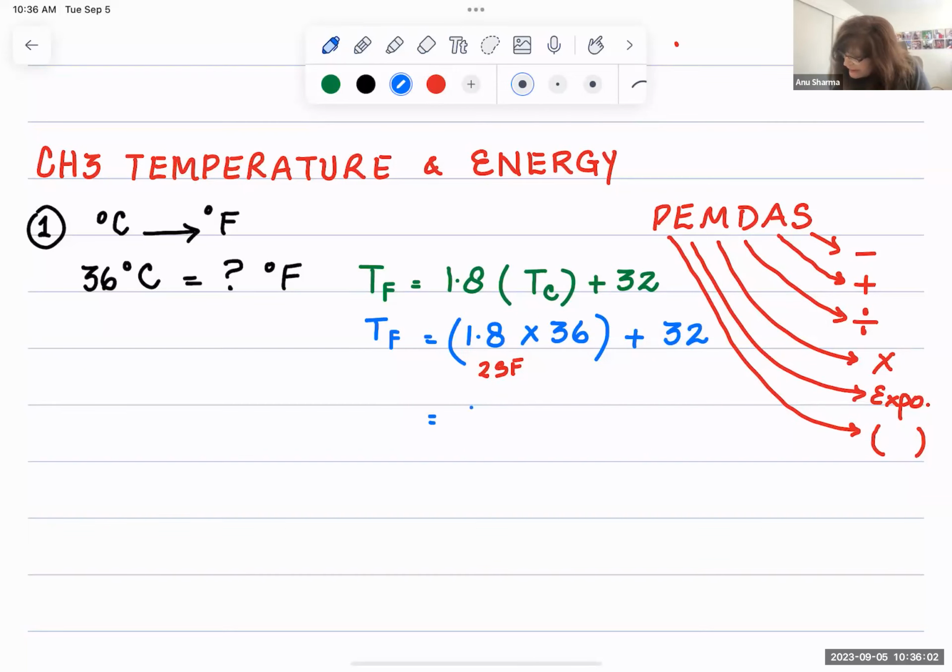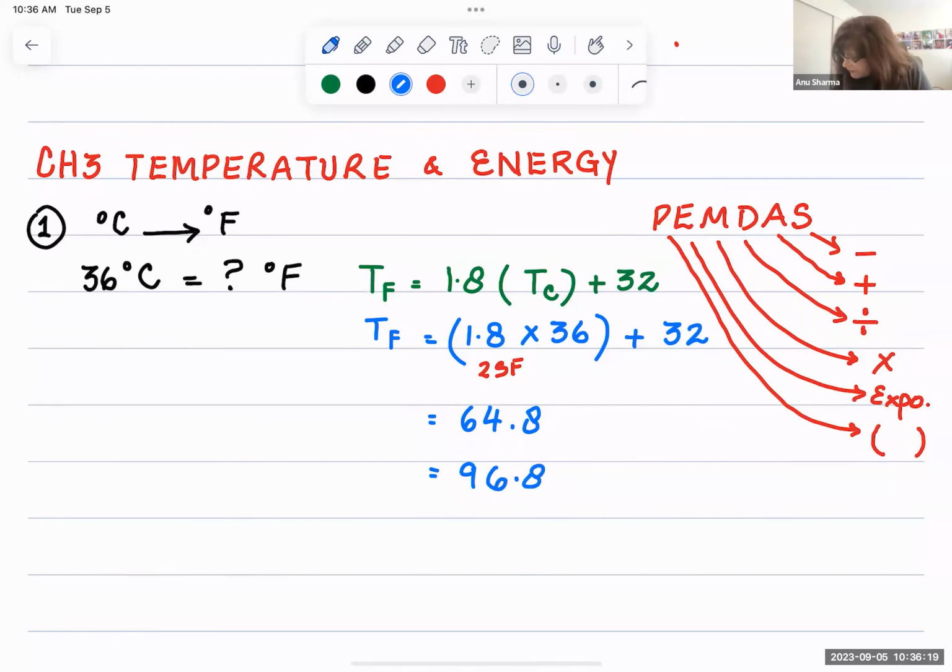In the steps, do not round up or down just because you want to have two significant figures. You leave it as it is. Okay, so 64.8 plus 32.